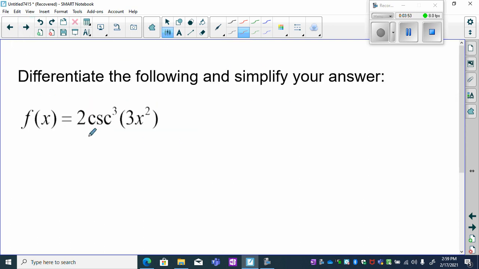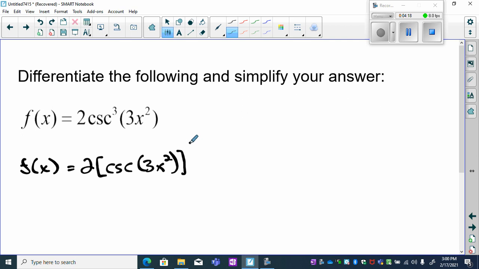Another example where I have to simplify. Remember, when the exponent is attached to the trig function, so that 3 is on the cosecant, that's like writing the following. 2 times cosecant 3x squared to the power of 3.